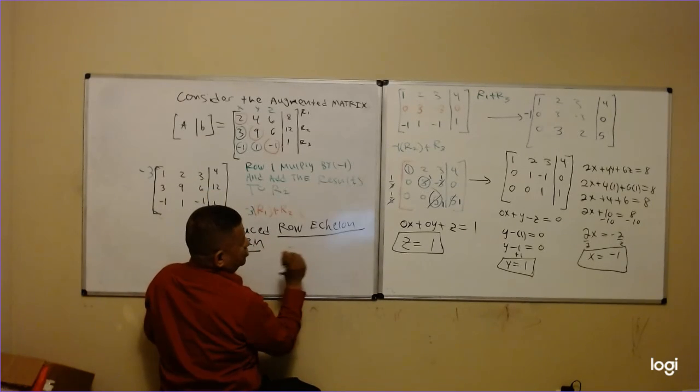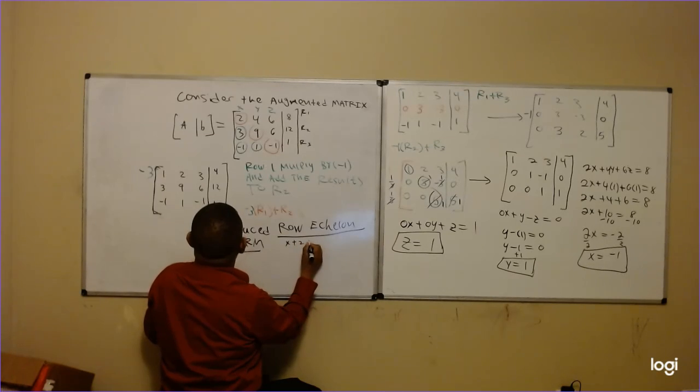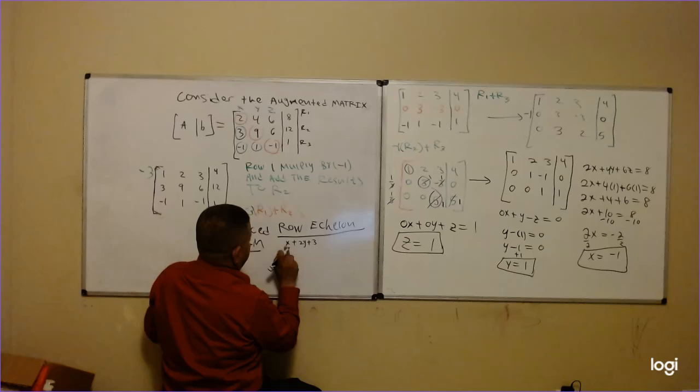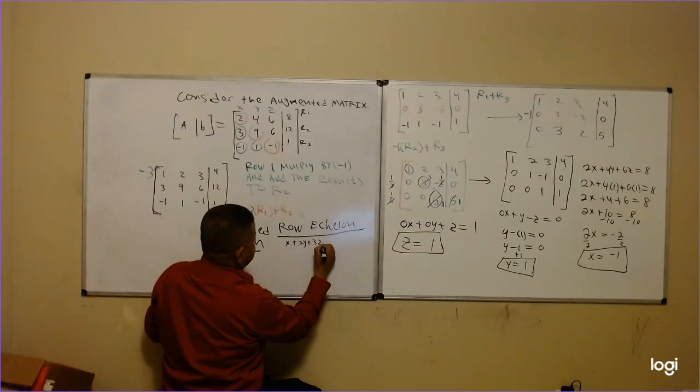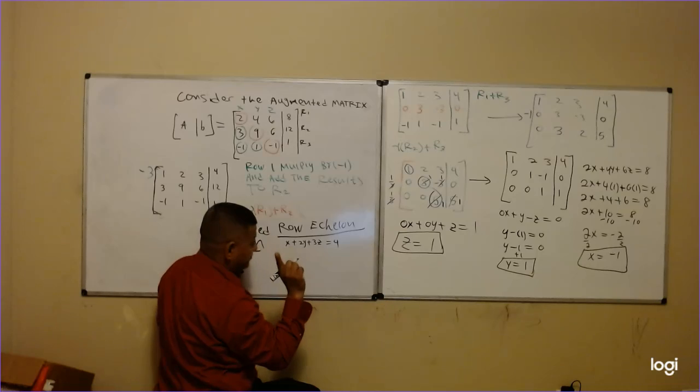So we can say, just to check if that is right, that x plus 2y plus 3z is equal to 4, right? That's what we say, right?